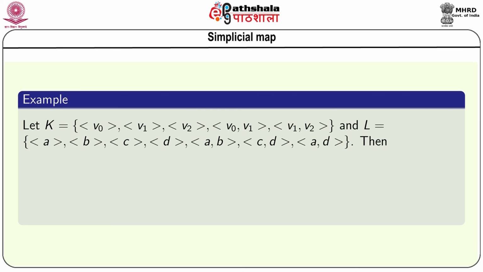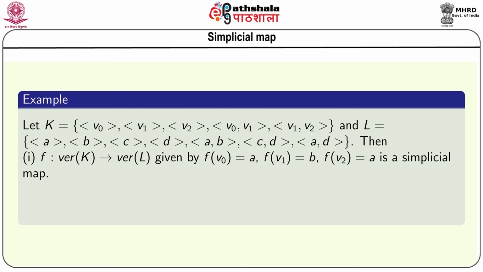Then if we take a map F from vertices of K to vertices of L given by F v0 equal to A, F v1 equal to B, F v2 equal to A, then it is a simplicial map because it preserves the simplicial structure of K.